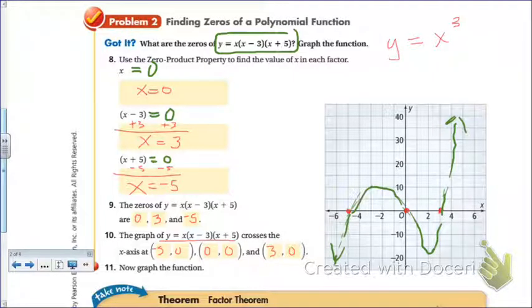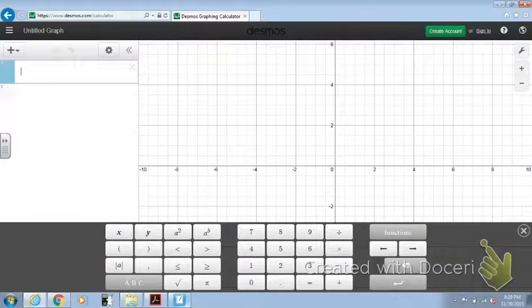So just a guesstimation, it's going to look something like this. And then if we wanted to, we could use Desmos to get a little more accurate about the top and the bottom, the highest and lowest values. So we can graph this, and we'll be able to tell where the maximum and minimum values are. So we have y equals x times x minus 3.